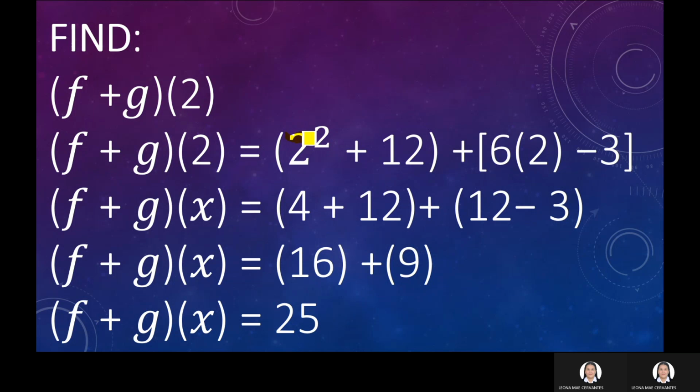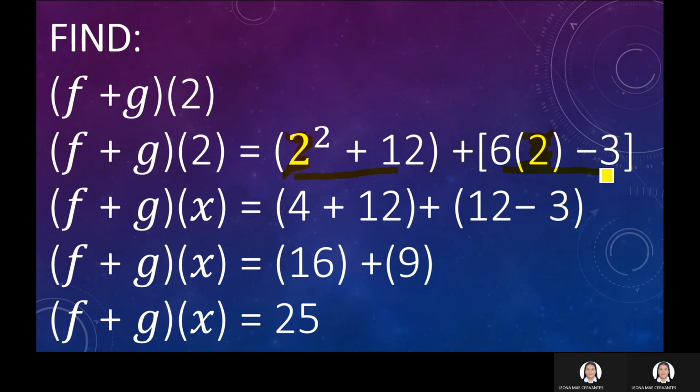Now, if x is equal to 2, then we will substitute positive 2 to x. Okay, so we have x squared plus 12 for the value of f of x and 6x minus 3 for the value of g of x.